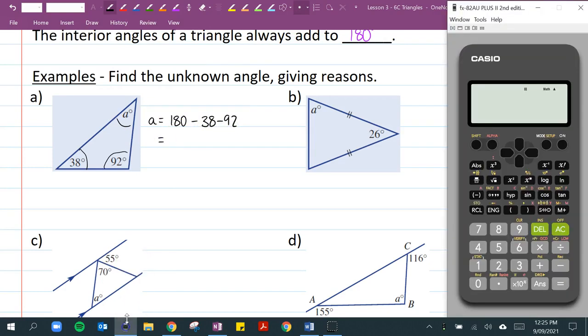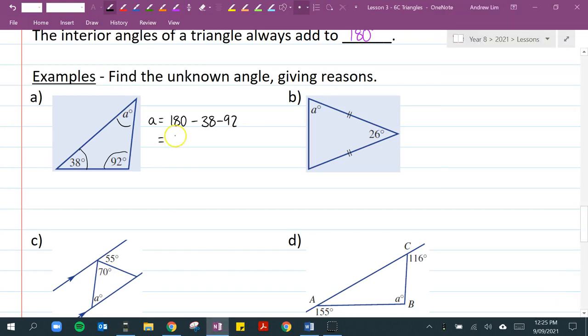And let's see what that equals. 180 minus 38 minus 92 is 50 degrees. So A is equal to 50 degrees, and my reason is the angle sum of a triangle.